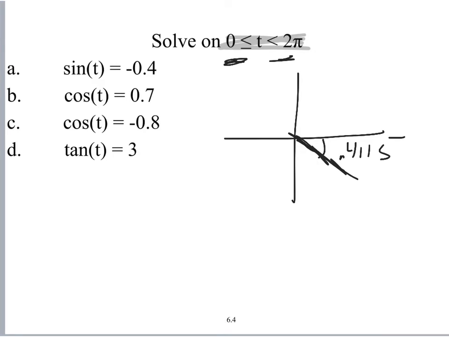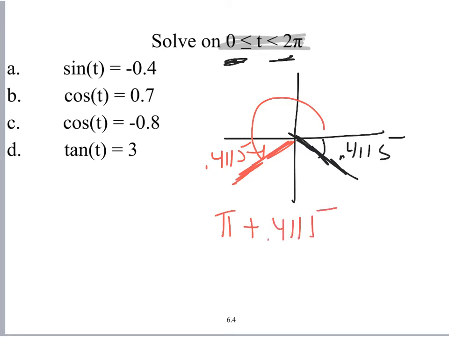So I've got this answer, and I've got this other one over here, because that's the other angle where sine is negative. And that also has a reference angle of 0.4115. So to get the answer, we'll have to take pi and add 0.4115.